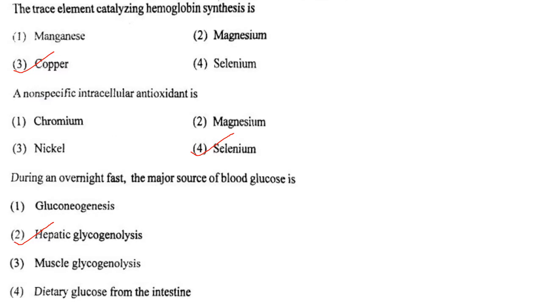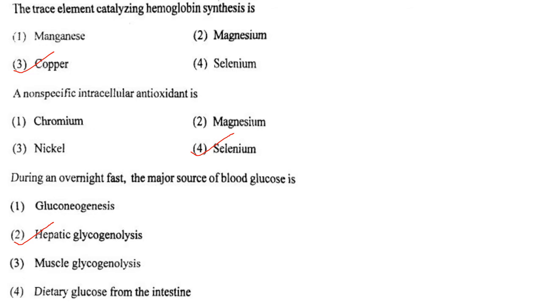Next one. The trace element catalyzing hemoglobin synthesis is: option 1, manganese; 2, magnesium; 3, copper; 4, selenium. Answer is option 3, copper. A non-specific intracellular antioxidant is: option 1, chromium; 2, magnesium; 3, nickel; 4, selenium.